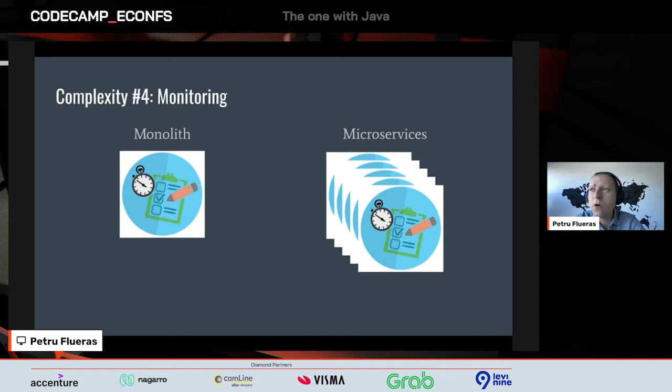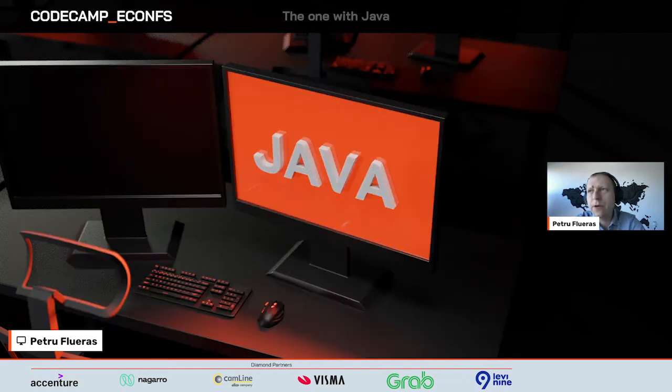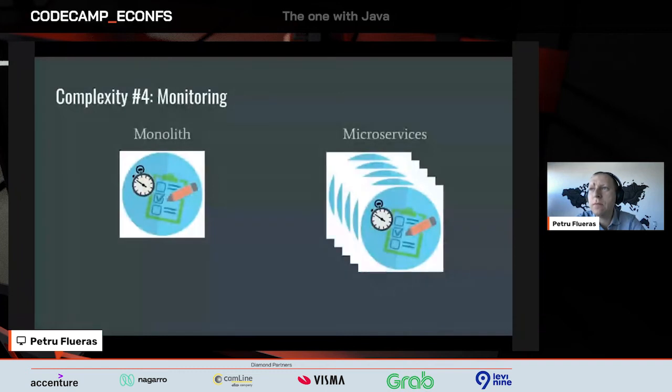But we need more alarms. We need more dashboards. And actually, we need more people to manage the services. If you have a pretty small team, even if the code base is quite big, a monolith can still be the answer for you.